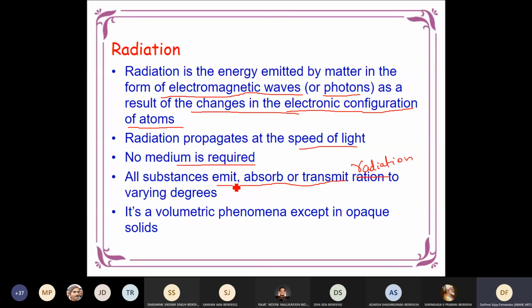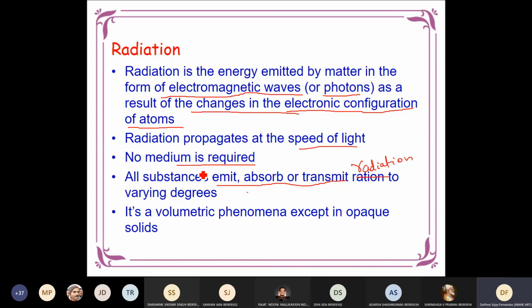That means we can classify materials based on these capacities: emission, absorption, and transmission. If a material allows the transmission of radiation, we call it a transparent material.